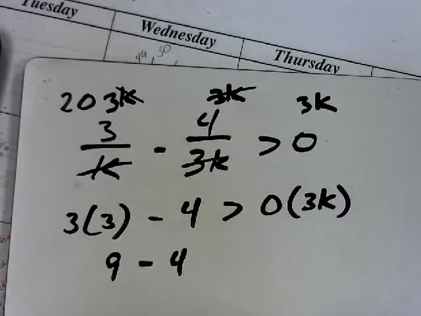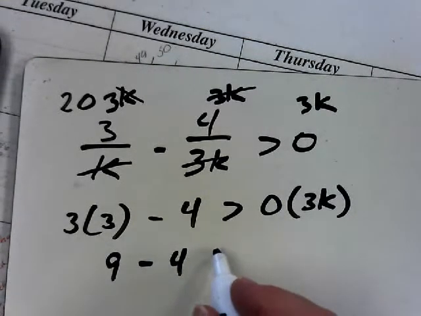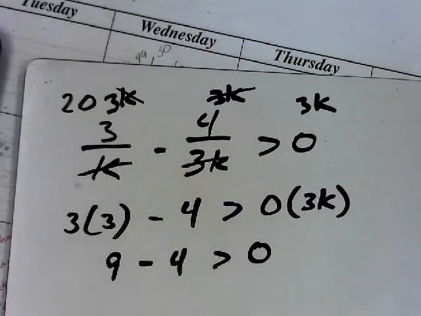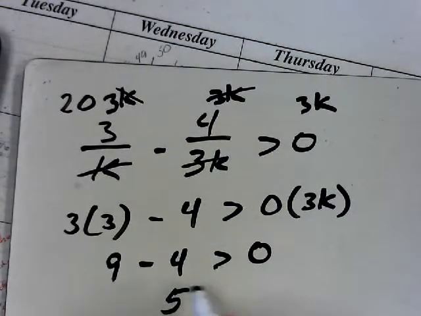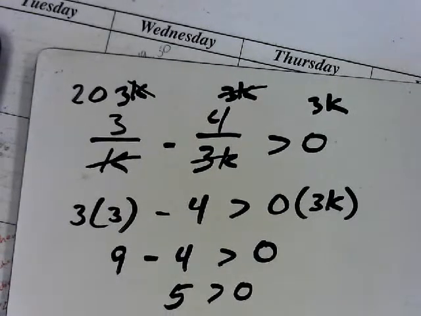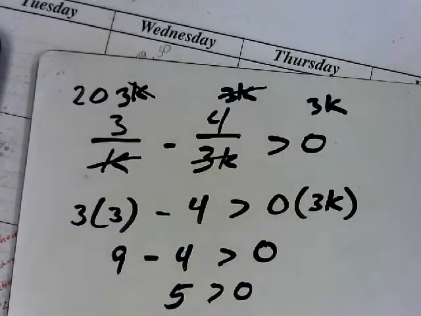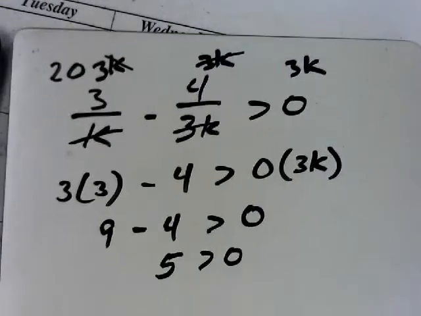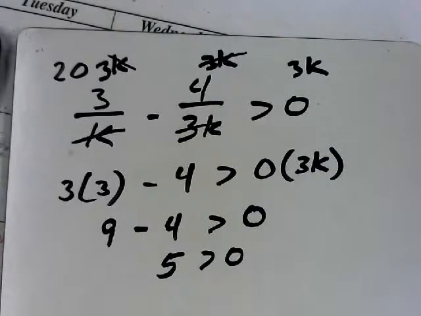Did I do that right? Shouldn't it be 3K squared? No, but there's 2K. Alright. So we actually have no K's left, do we? Is 5 greater than 0?